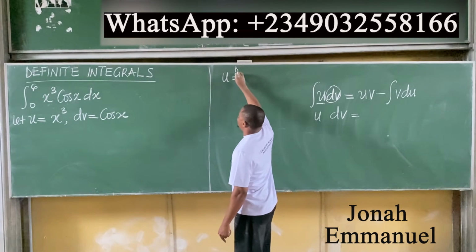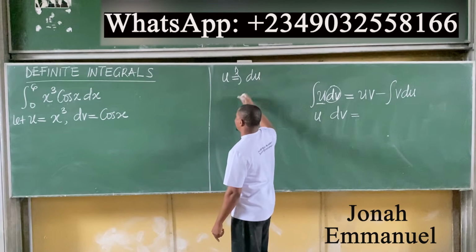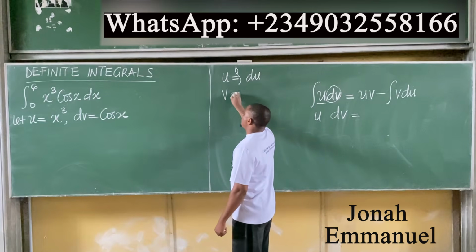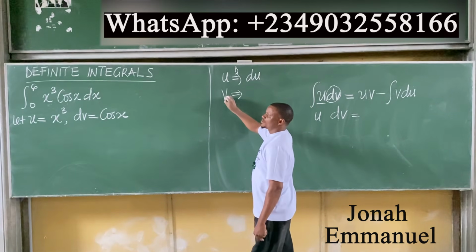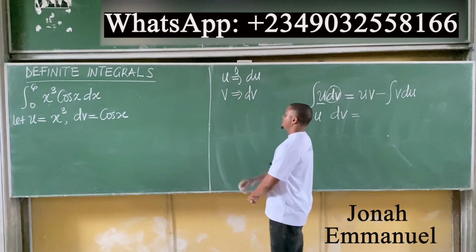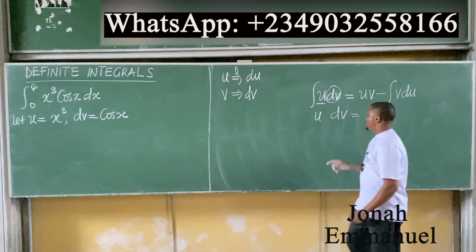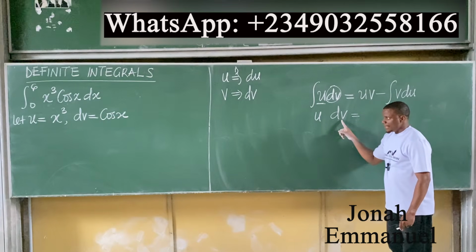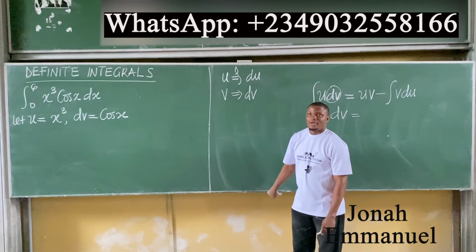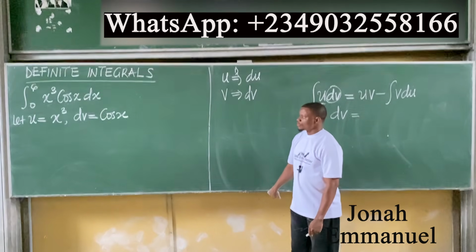If I have dv, I want to get v, what do I do? I'll integrate. So look up, please.